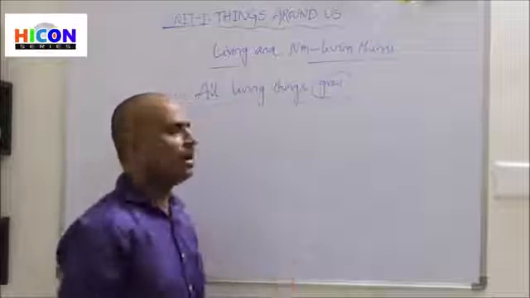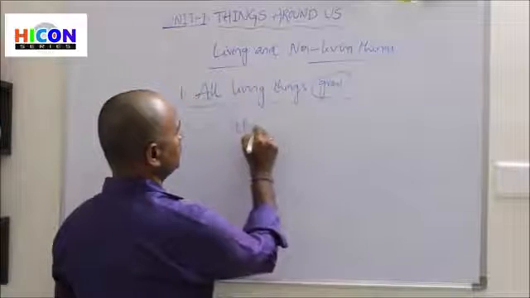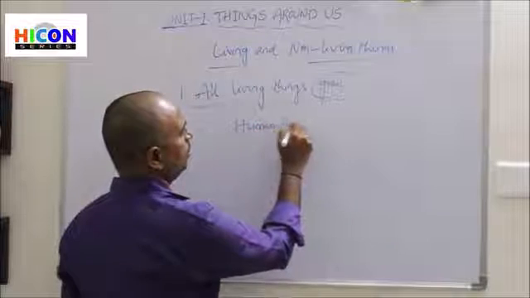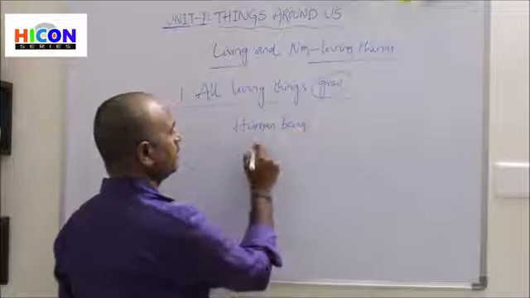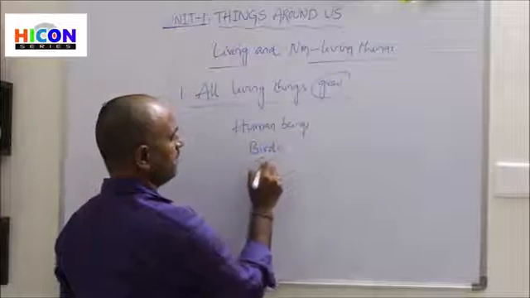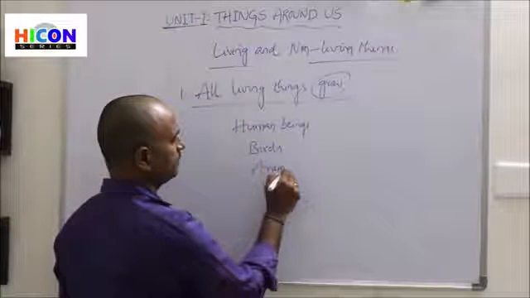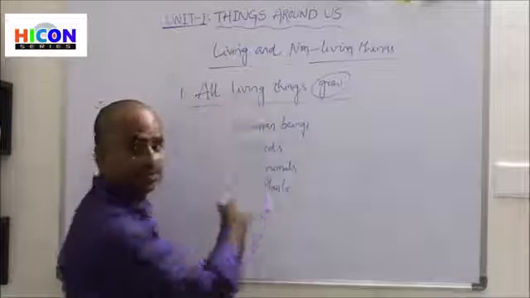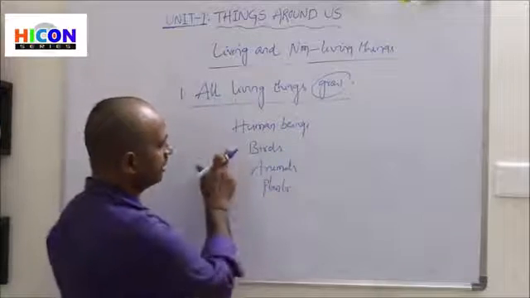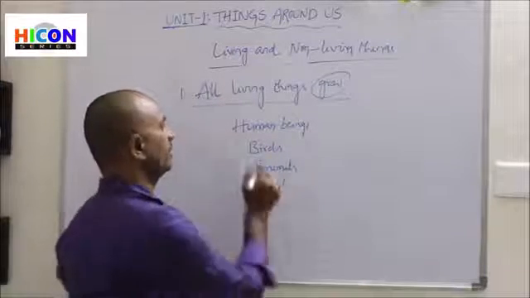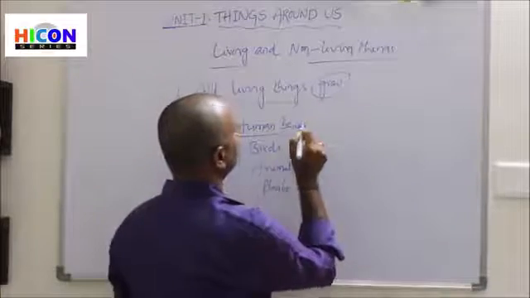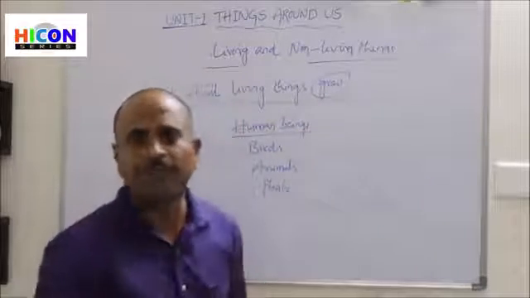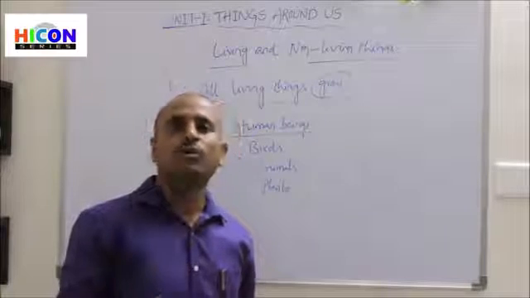That means all human beings, birds, animals and plants. These are the living things and all living things will grow. For example, if we consider human beings, all human beings will grow day by day.